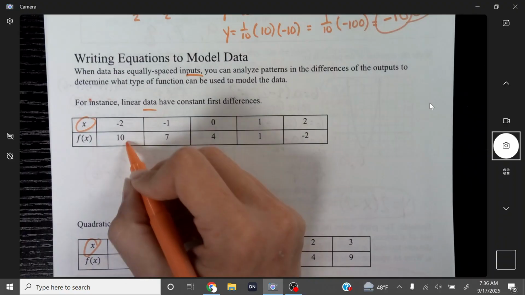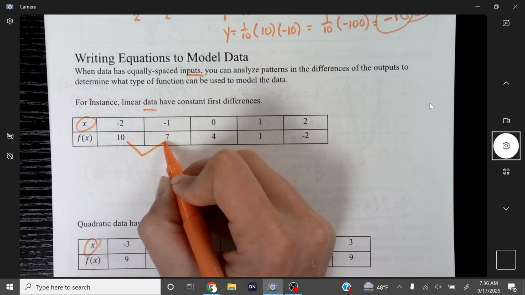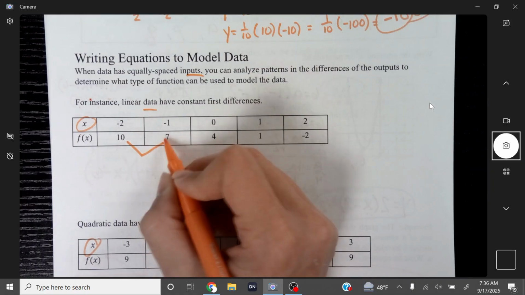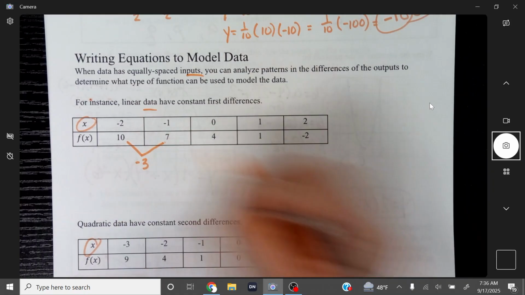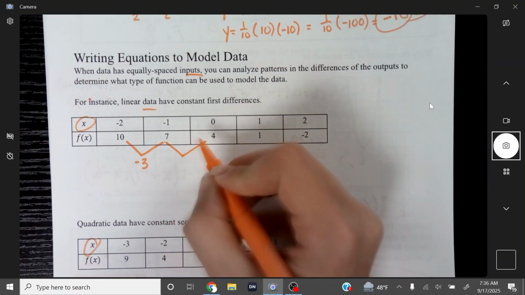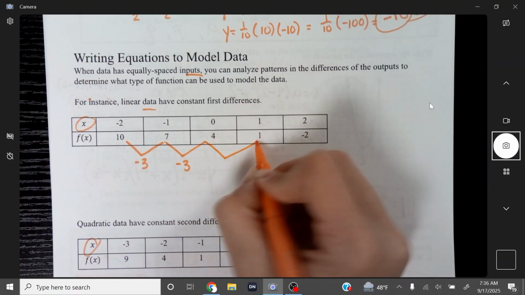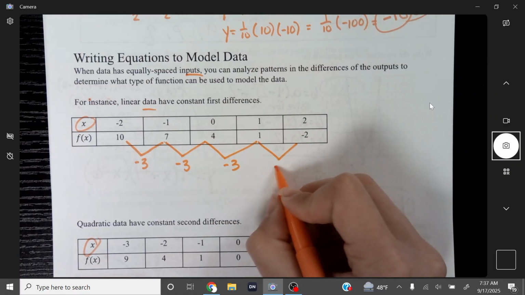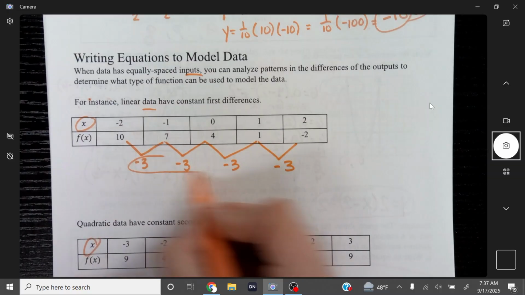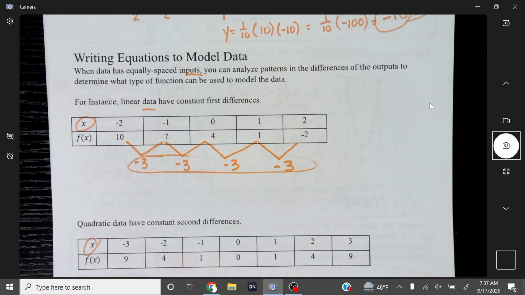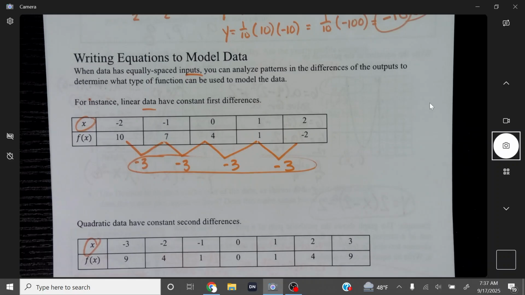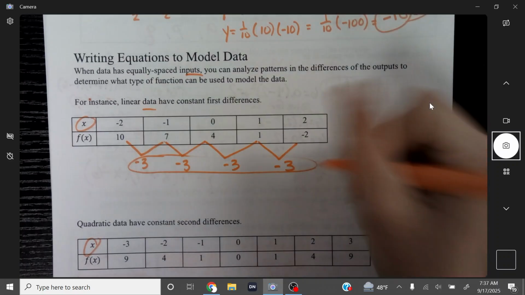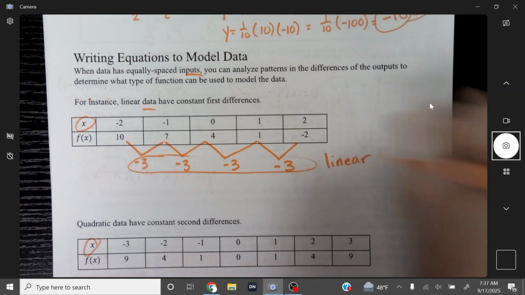What that means is when I find the difference between 10 and 7, which is minus 3, I can see that from 7 to 4 I have minus 3, 4 to 1, minus 3, and 1 to negative 2, minus 3. Since these are the first differences, meaning I only subtracted these once, this is what we would call linear.